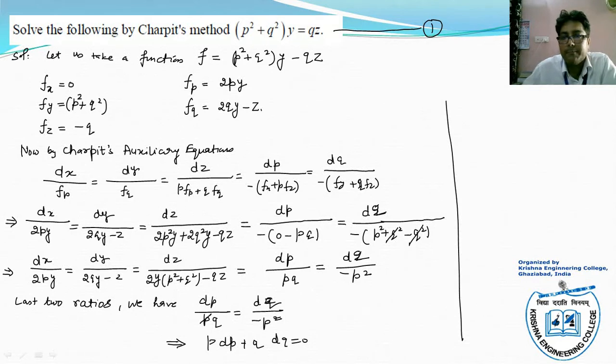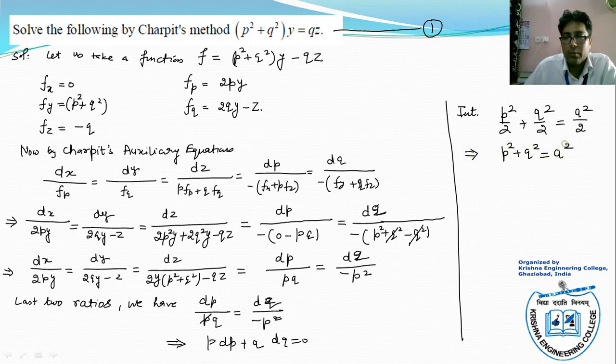Now integrate: p squared by 2 plus q squared by 2 is equal to a constant; take the constant as a squared by 2. Multiplying by 2, this becomes p squared plus q squared is equal to a squared. This is equation number 3, and obviously the original is equation number 2.